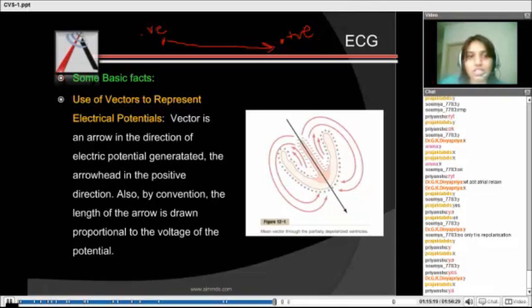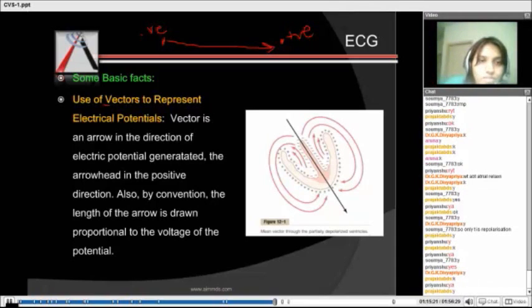So that is what the ECG shows, there is a vector. The term vector is nothing but an arrow in the direction of the electrical potential generated. In which direction is the electricity going? So if you imagine this ventricle, when the sweep of depolarization spreads, if we take the summation of these arrows, the ultimate arrow comes in this direction.